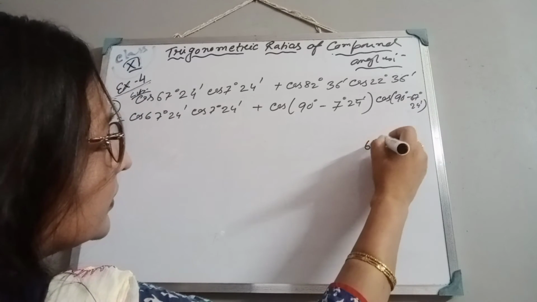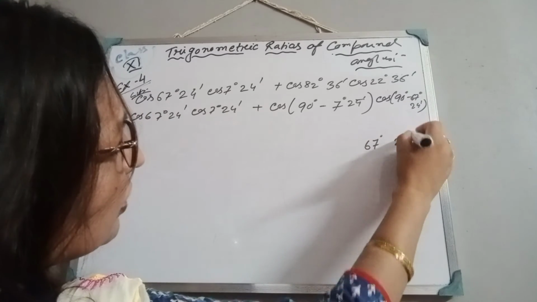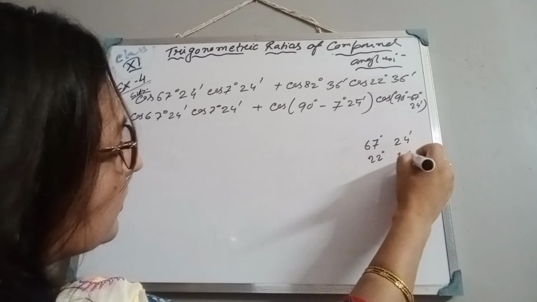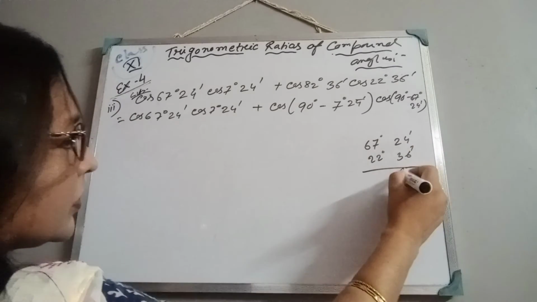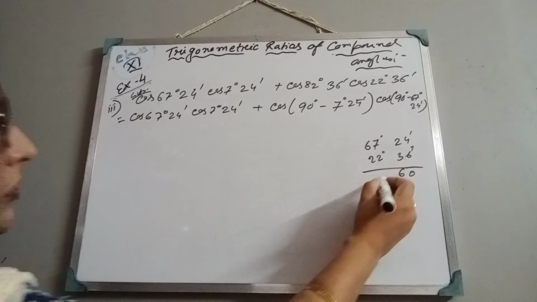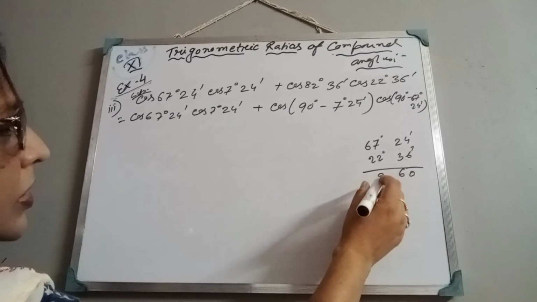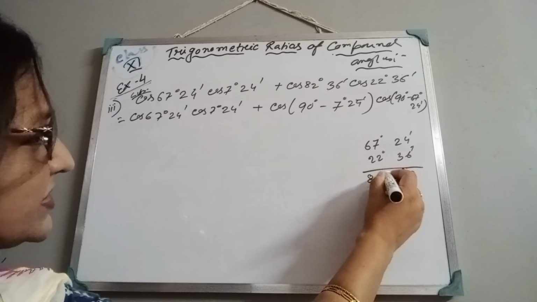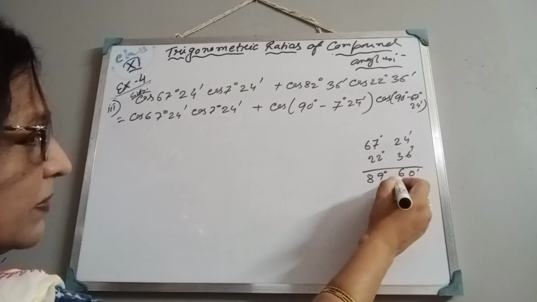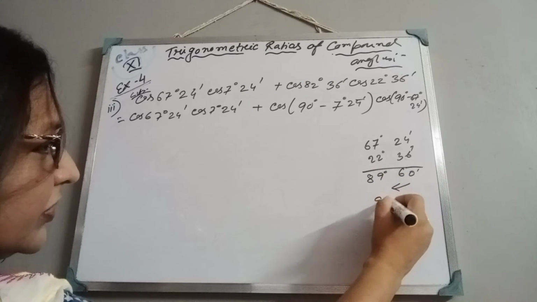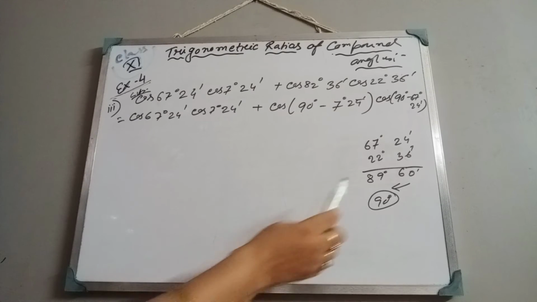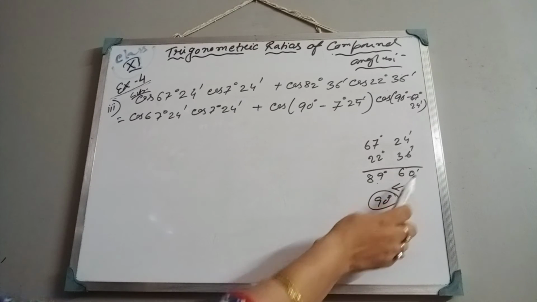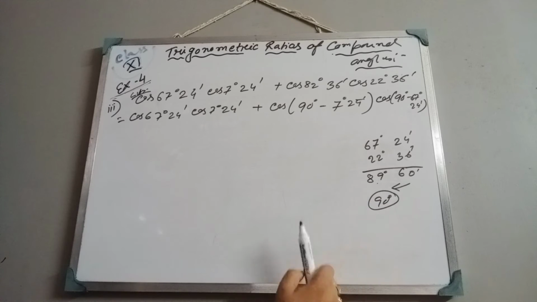Same thing here, just check it: 67 degree 24 minute plus 22 degree 36 minute is 89 degree 60 minutes. 60 minute equals 1 degree, so 1 degree will be added here, so it is coming 90 degree.